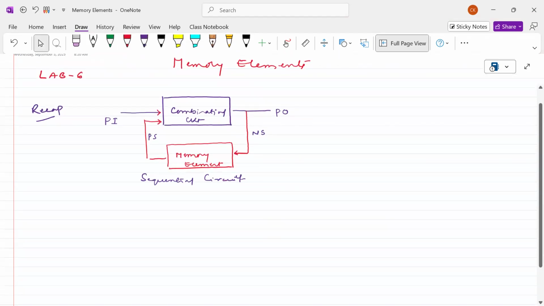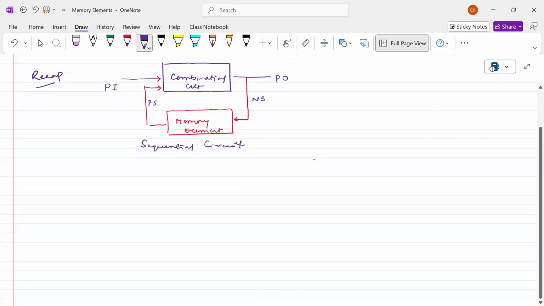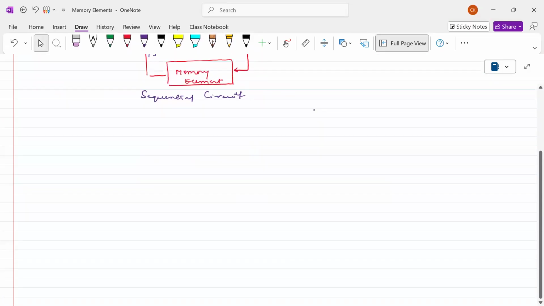The output of this particular state is a function of both primary input and present state. Okay, if you want to get the output of a sequential circuit, both inputs are required, right? Okay. Now let us see what are the memory elements we have seen.